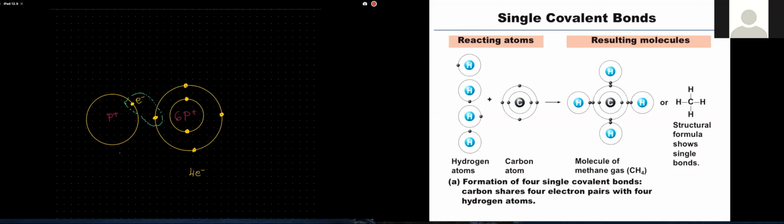So now this hydrogen is chemically stable. About this carbon still needs 3 more, so it will find 3 more hydrogens.